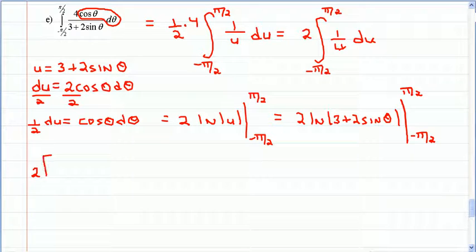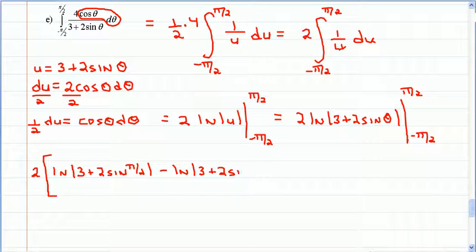So I first substitute pi over 2 in for theta. So I have the ln of 3 plus 2 times the sine of pi over 2 minus the ln of 3 plus 2 times the sine of minus pi over 2.